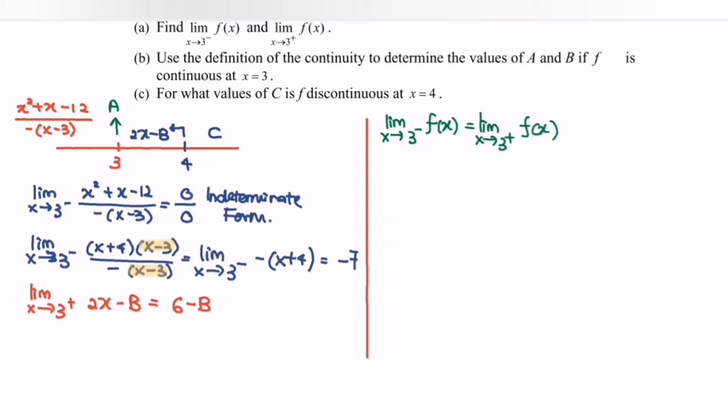Referring to the left-hand side, the limit is equal to negative 7. The limit from the right will be 6 minus b. Rearranging, b is equal to 13.